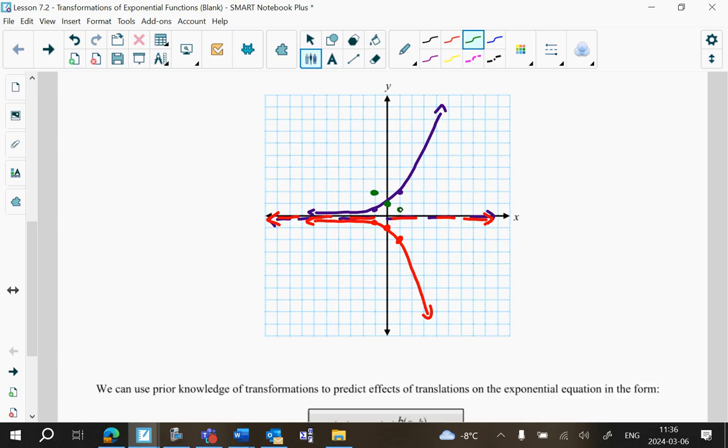And this is what our graph looks like, with, again, the same horizontal asymptote. So as long as you know the original one, the parent function, the mother function, whatever you like to call it, you can do transformations on it like we've been doing all year.